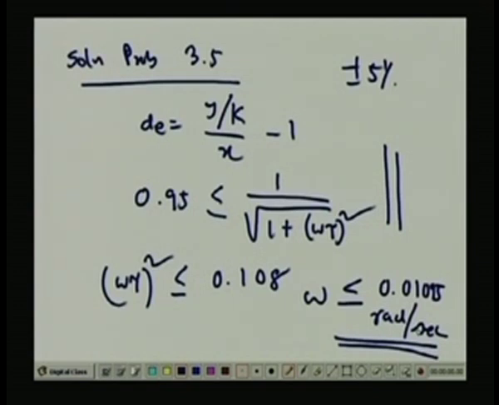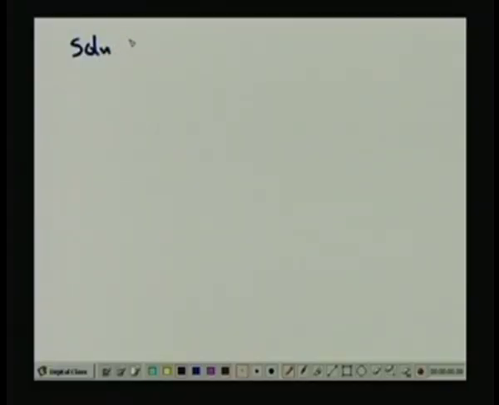Now, problem number 3.6. In the solution to problem 3.6, we have a dynamic error of plus minus 6%.